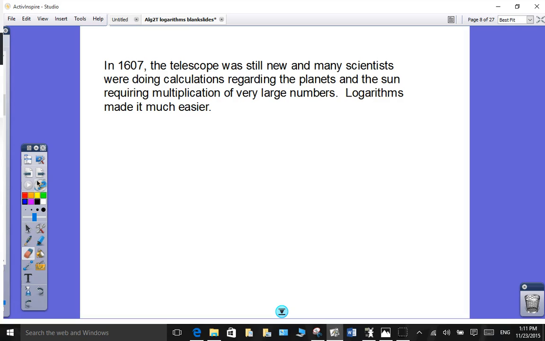Now, if you consider the time, 1607 was in between the time when Copernicus says that the sun is the center of the universe and Galileo kind of backs him up on that. It was on the order of about a decade after somebody in Holland invents the telescope.